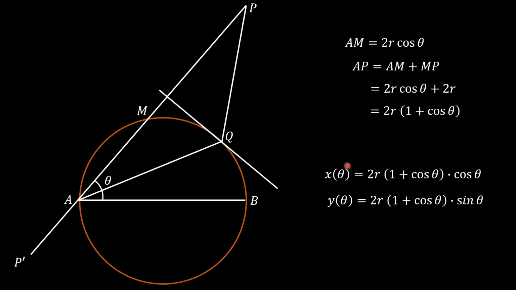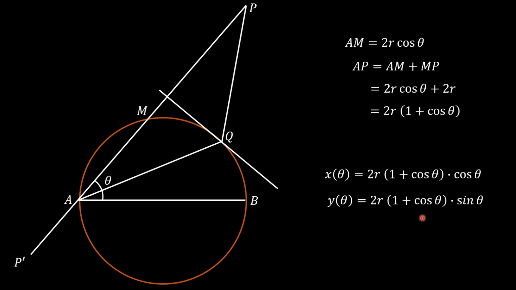So X is going to be 2R times 1 plus cosine theta, and Y is going to be the same radius of the cardioid, which is 2R times 1 plus cosine theta, times sine theta.